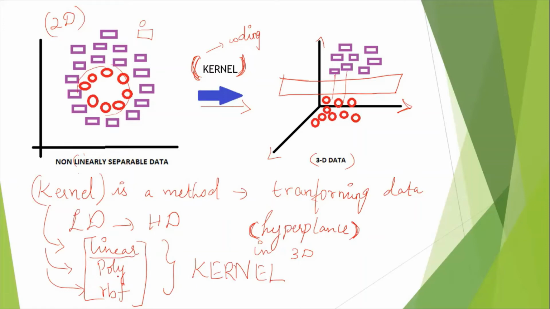First one is linear, polynomial, RBF. So totally three kernels we have in support vector machines. This much is the concept of SVM here. This kernel you will understand when we do the coding part.